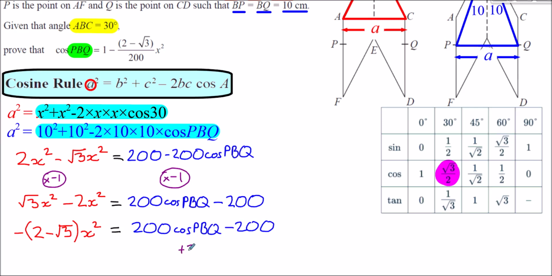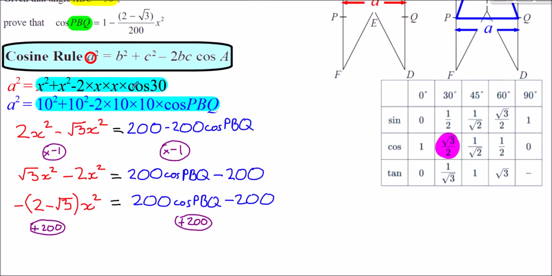So the next step, if I add 200 to both sides, then what I'll get over here is 200 minus, in brackets, 2 minus root 3 x squared equals 200 cos PBQ. Now comes the final step and the final piece of the puzzle.